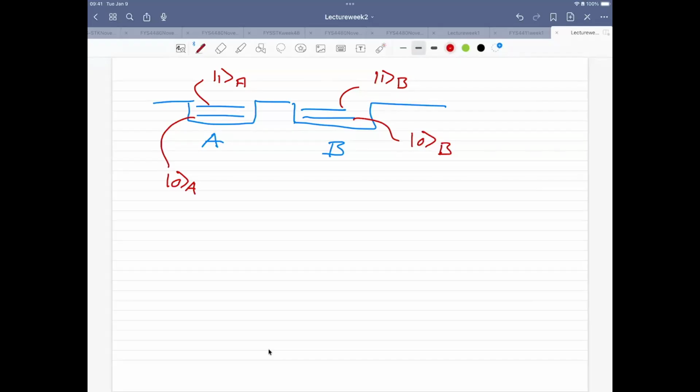And that approximation is that your Hilbert space is given by the tensor products of these two states, where i is either 0 or 1 in either system A or system B. So if nature is such that I can actually reduce my degrees of freedom to only these two states here and these two states here, then I can make a computational basis which looks like this.